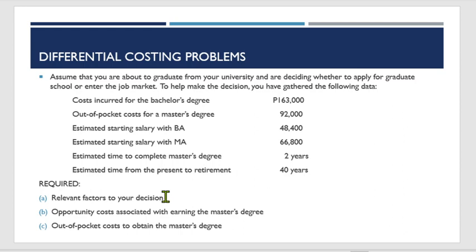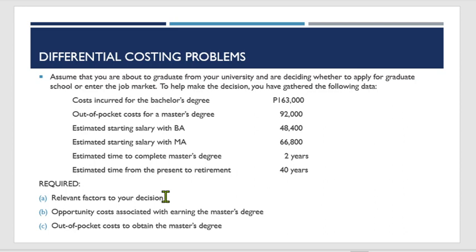Next, estimated time from present to retirement is 40 years. Yes, it is relevant. Kasi kung ikaw ay magma-master's degree, ma-adjust yan. Kasi magma-master's degree ka ng 2 years pa.